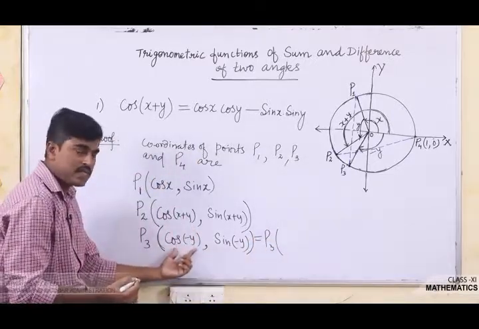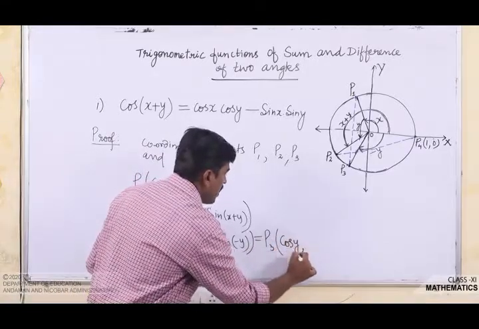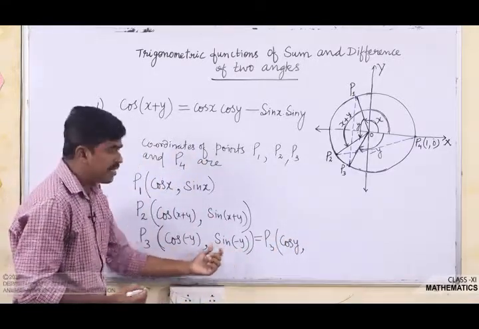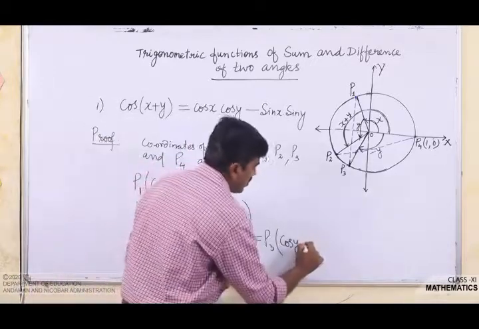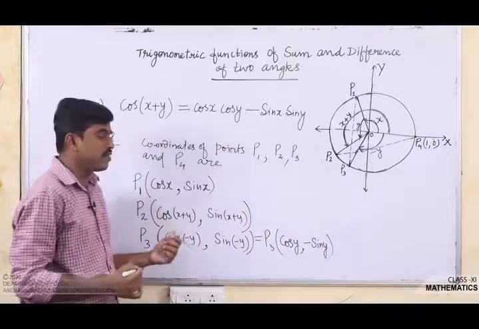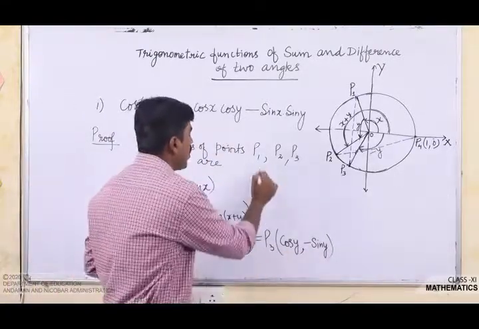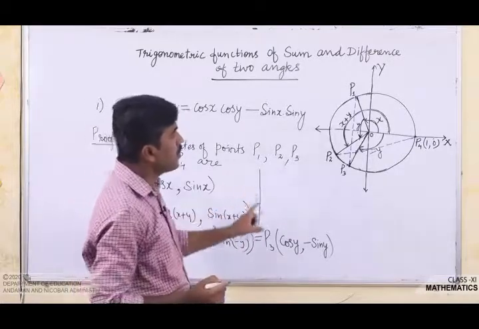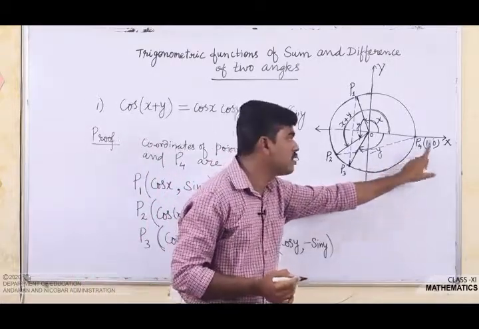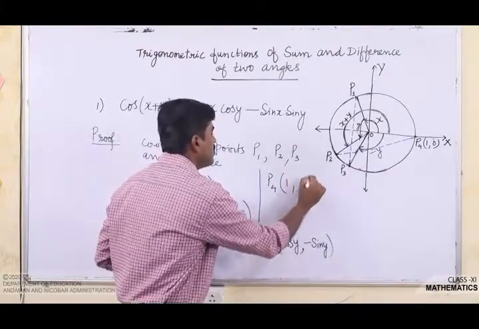We know that cos of minus theta is cos theta. So, cos of minus y is cos y and sin of minus y is minus sin y, since sin of minus theta is equal to minus sin theta. And the coordinates of the point P4 is 1, 0.